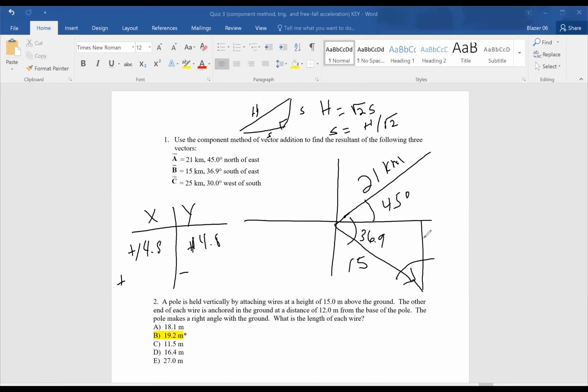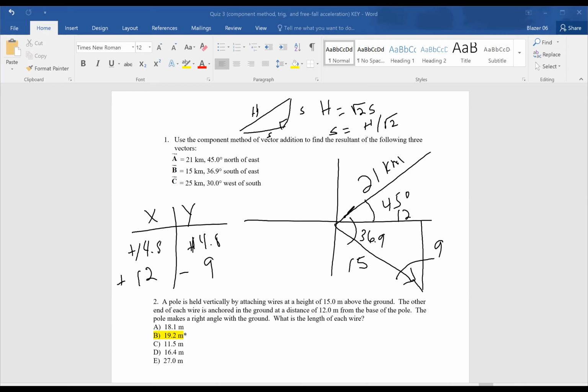And of course, that's 3. Therefore, immediately, I know that this side is 9 and this side is 12. Because remember, the 3, 4, 5 triangle has sides that are multiples of 3, 4, 5. So once I recognize that, then I can quickly put my answers, 12 and -9.